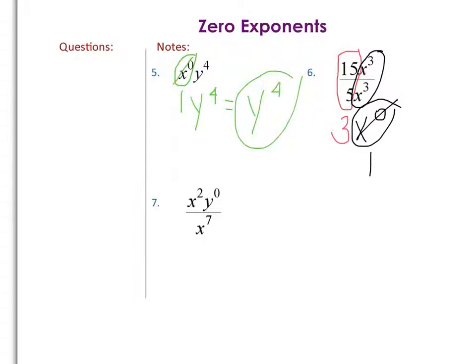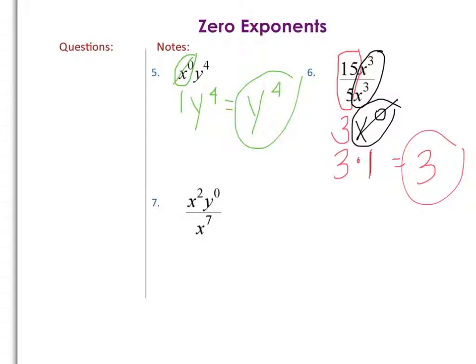So I have 3 times 1. Well, 3 times 1 is just 3. And that's my final answer. Be really careful on those, not to cross everything off and make it a 0, or make it a 1.